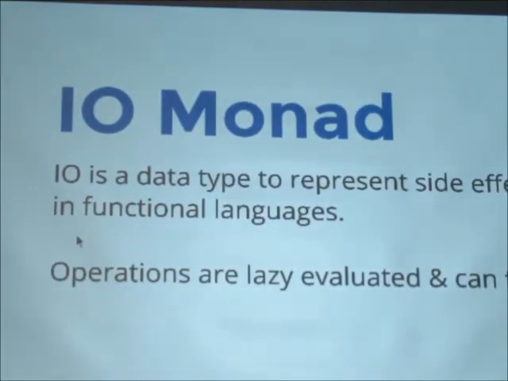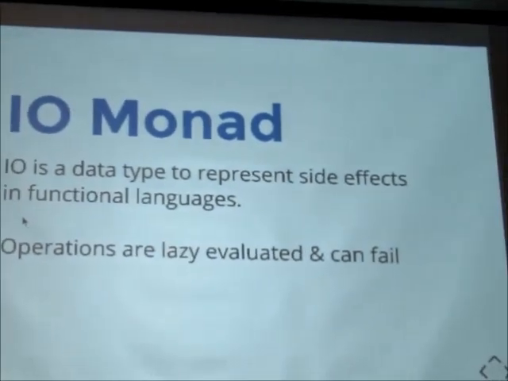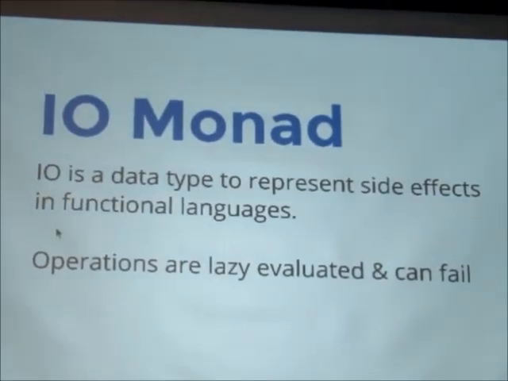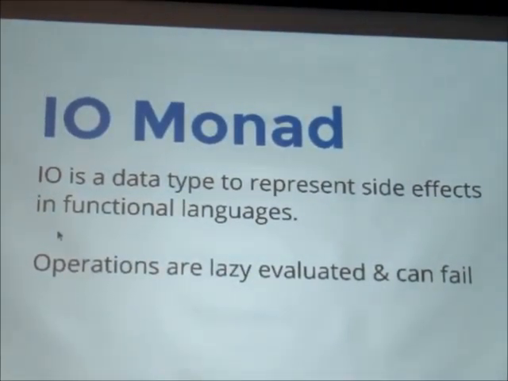Arrow provides something else called an IO monad. Actually, before I get to this, does anyone have any questions? Because it's only going to get more complicated. No? Okay. An IO monad is a data type that literally just wraps side effects in a functional language, and this originated from the godfather of all functional languages, Haskell.